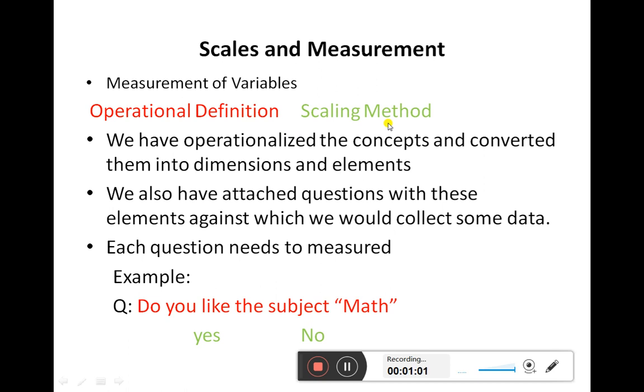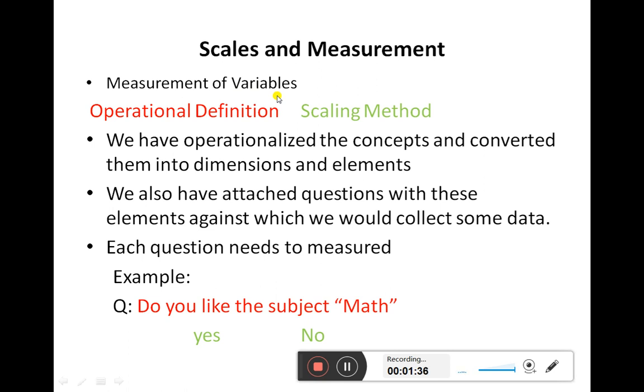In the last, 14th lecture, I explained the concept of operational definition under the theme of measurement of variables. If you remember, operational definition was a technique to measure a variable where we take a concept or construct. A concept or construct is simply a variable which is subjective in nature, meaning we are unable to measure such variables directly.